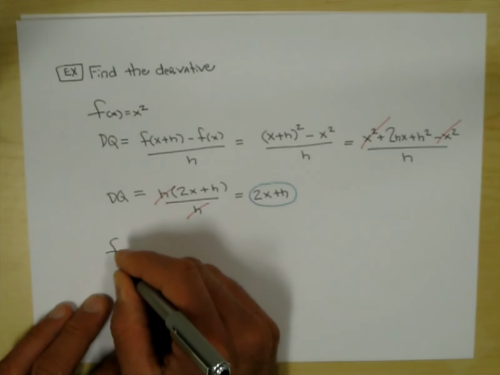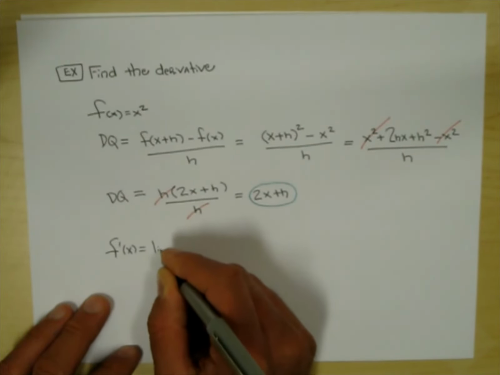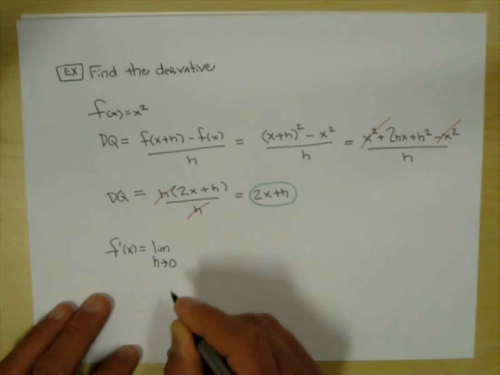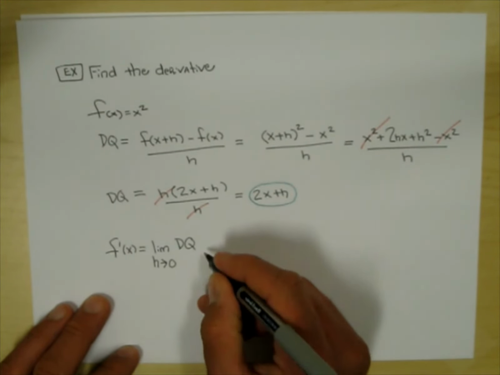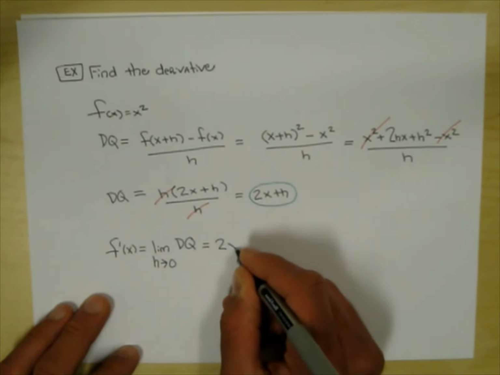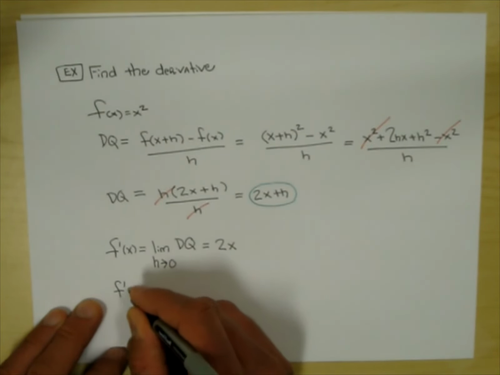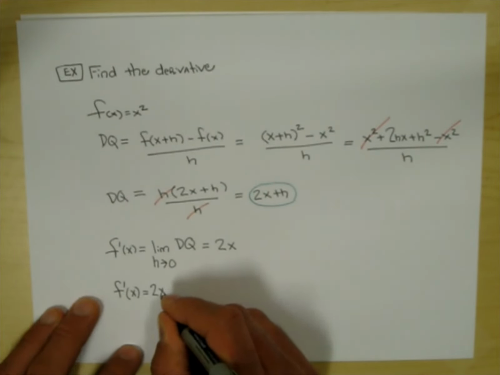And the derivative, f prime, is the limit as h approaches 0 of dq, the thing that we have right there. So this is going to be 2x. So the derivative is 2x.